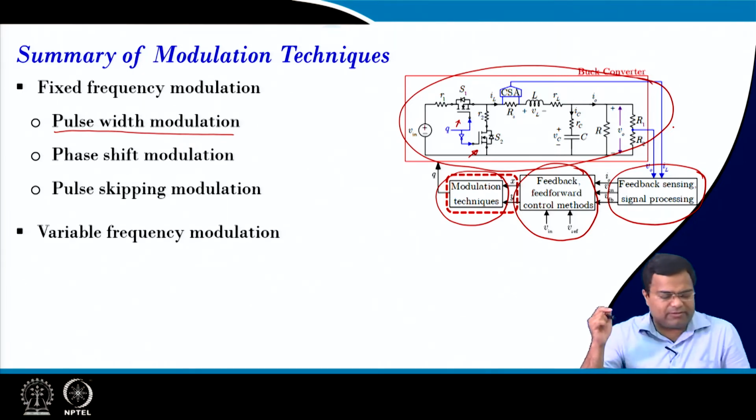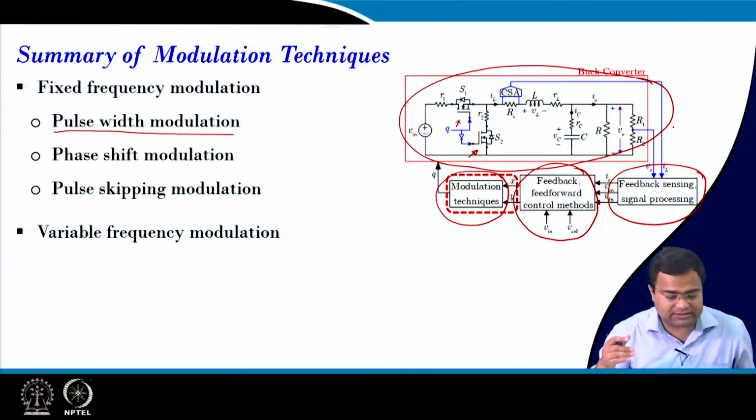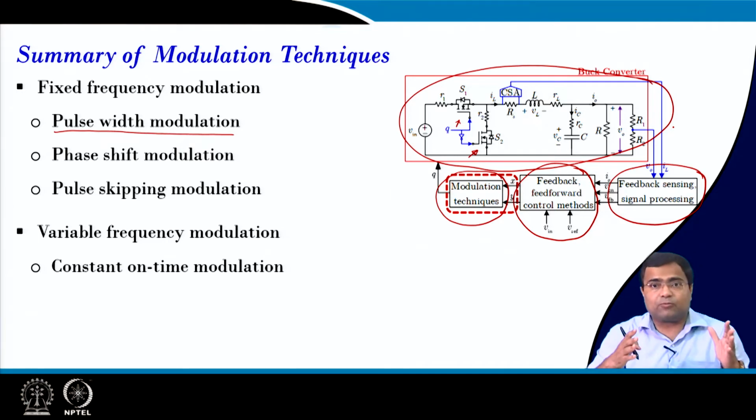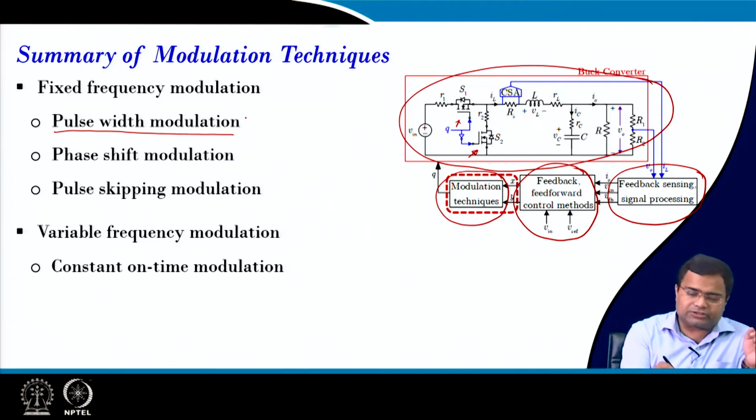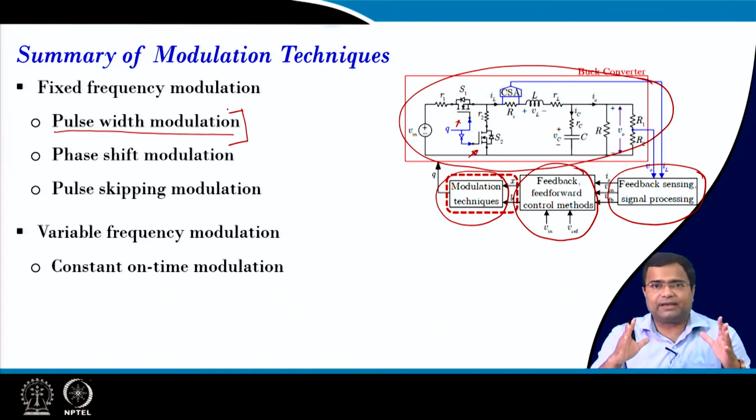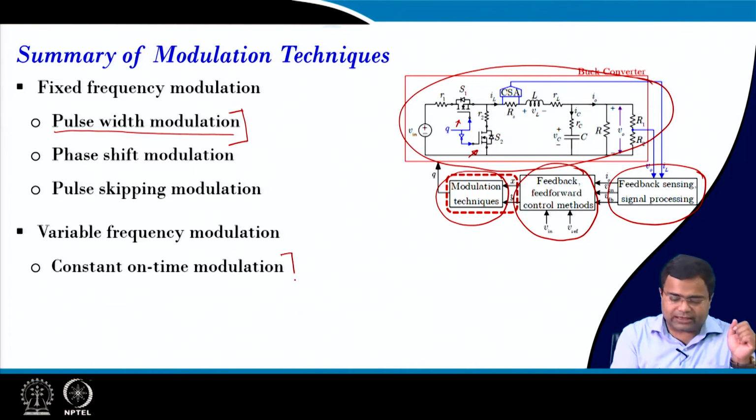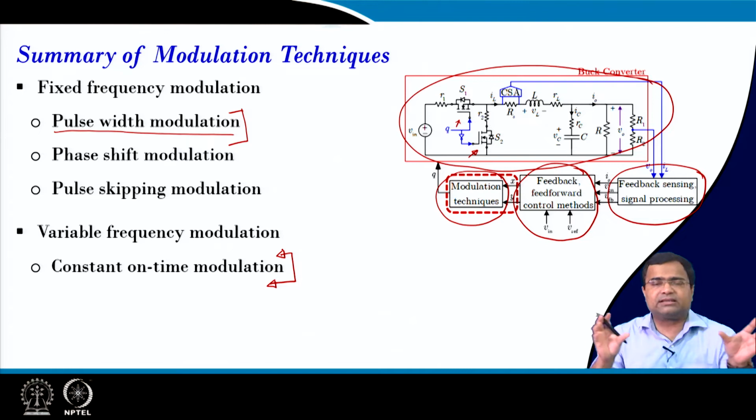Then if you go for variable frequency control, we have learned in the previous course, one is the constant on time control. In pulse width modulation, we keep the time period fixed and adjust the duty ratio. In this case, we are keeping the on time fixed and adjusting the off time by means of feedback control.